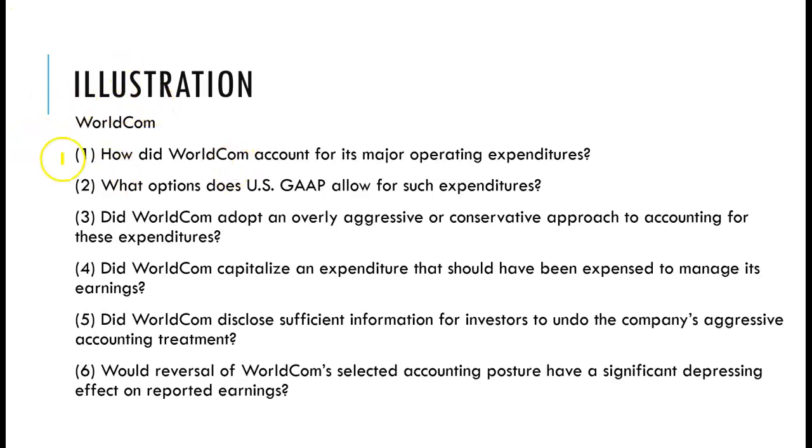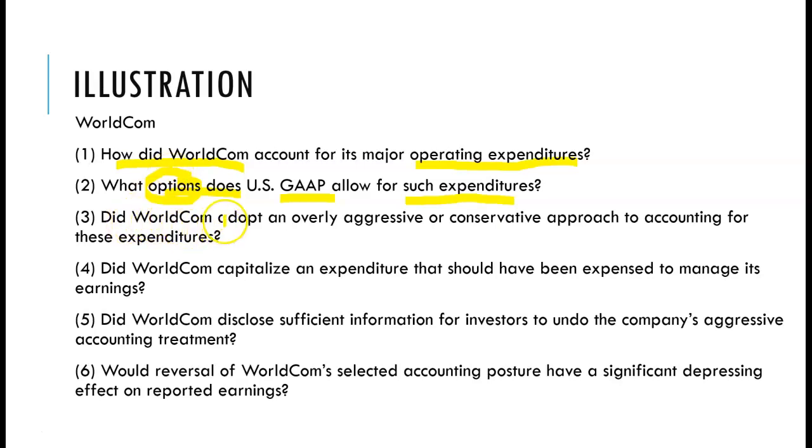First, how did WorldCom account for its major operating expenditure? What options does US GAAP allow for such expenditure? So we are talking about accounting flexibility just now. Options, we are talking about options. So options are the accounting flexibility.